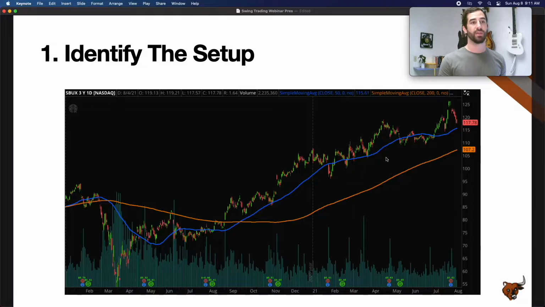Here you can see it, simple moving average, 200, and here it is, orange. Don't worry about this close and zero, that's just a code for this charting software. But the blue line is the 50 MA, the orange line is the 200 MA. We're looking at daily candles, and we also want to see the volume.